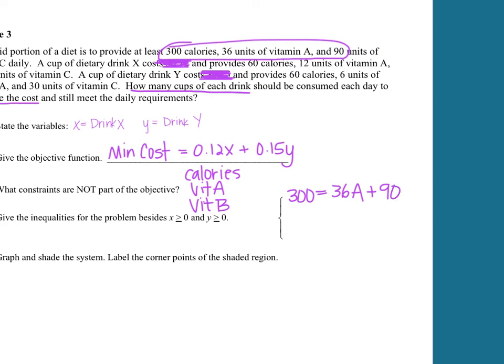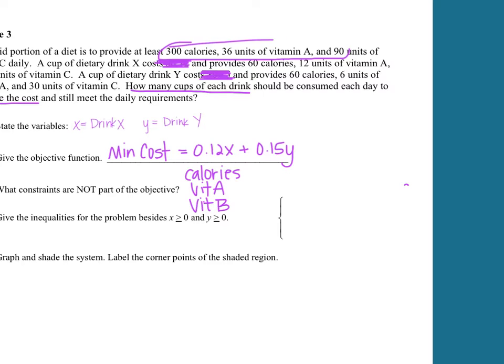Okay, that's totally not the point of the problem. First of all, my variables aren't A and C. My variables are X and Y. A and C are part of the constraints. And so I need to go back and look at this again.